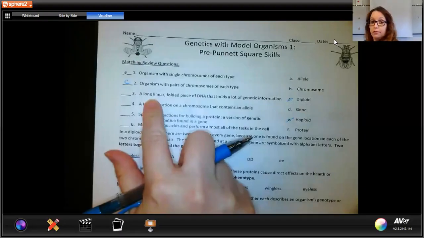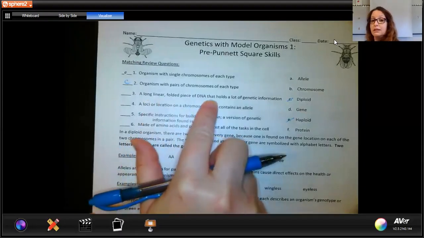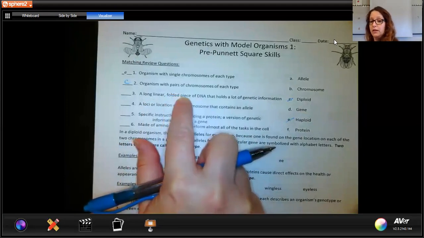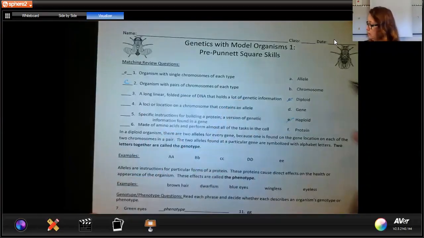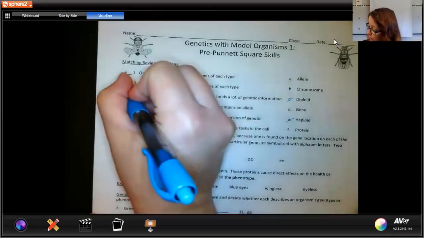A long linear folded piece of DNA that holds a lot of genetic information. So is that an allele, chromosome, gene, or protein? There's a lot of information. We're going to say that's a chromosome.